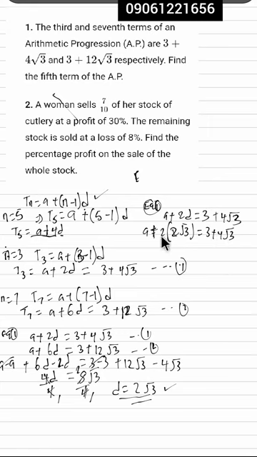Now let's open the bracket. 2 times 2, we have 4. So this becomes a plus 4 root 3 equal to 3 plus 4 root 3.